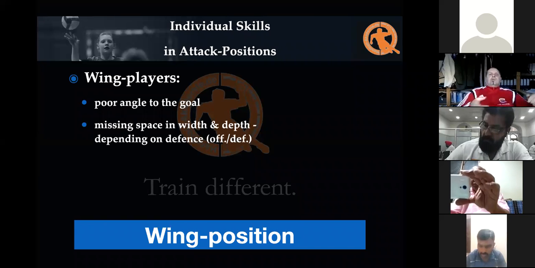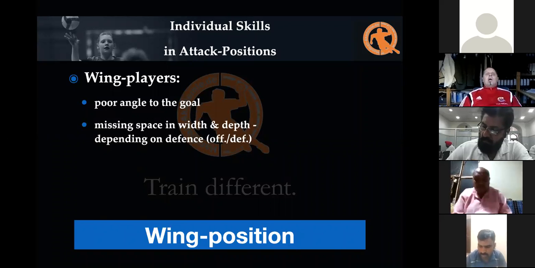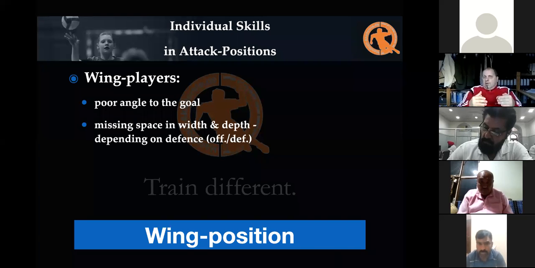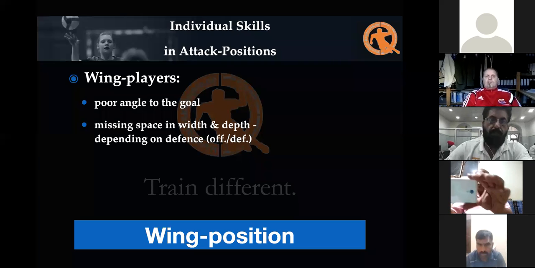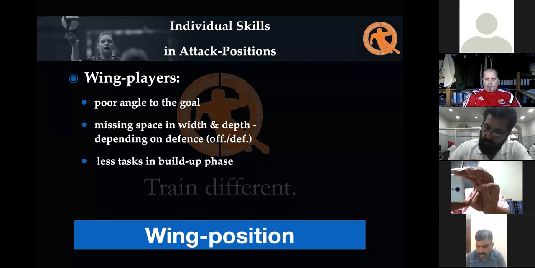If you move outside, you come to an area which is not attractive because you are close to the baseline of the court. If the defense is open, you cannot go away like you want to, like I prescribed before for the backcourt players, because if you go away from the defense, then you will step out over the sideline of the court. So these two aspects are really a little bit problematic for the players in the wing.